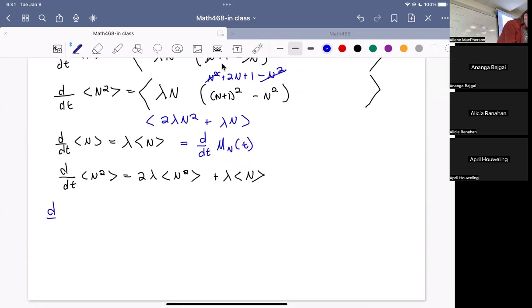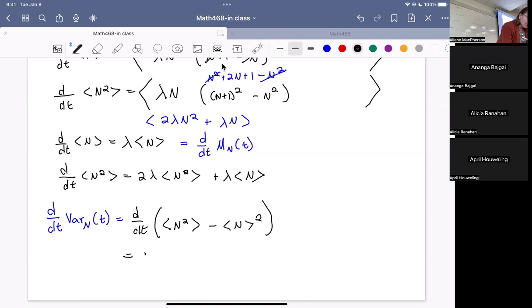So we have to do a change of variables where we have the variance in n at time t. If I think about what the variance is, I can rewrite the variance as the expectation of n squared minus the expectation of n, quantity squared.